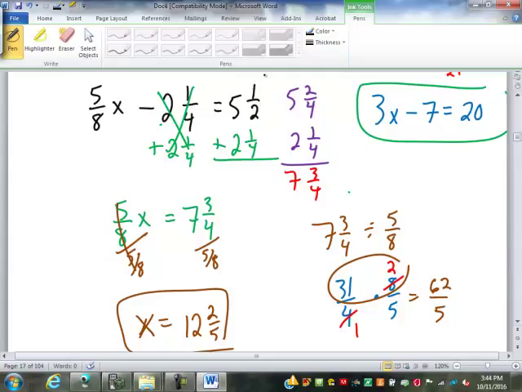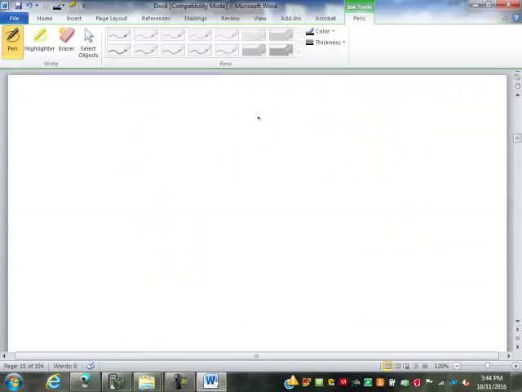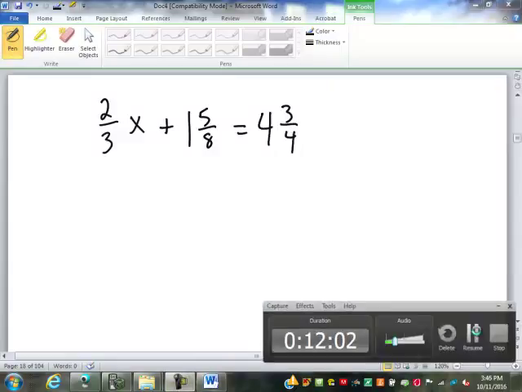Now, if you try one in your notes. So it's going to be 2/3 x plus 1 5/8 equals 4 3/4. Try that one in your notes, and we'll check in just a minute.